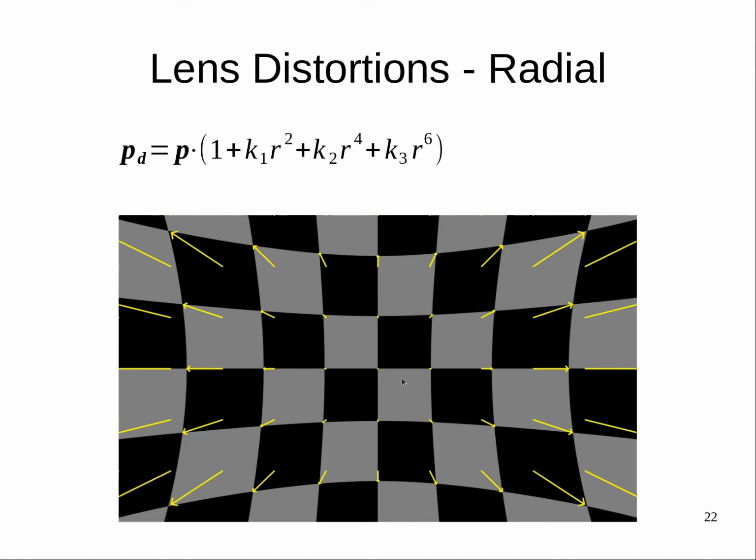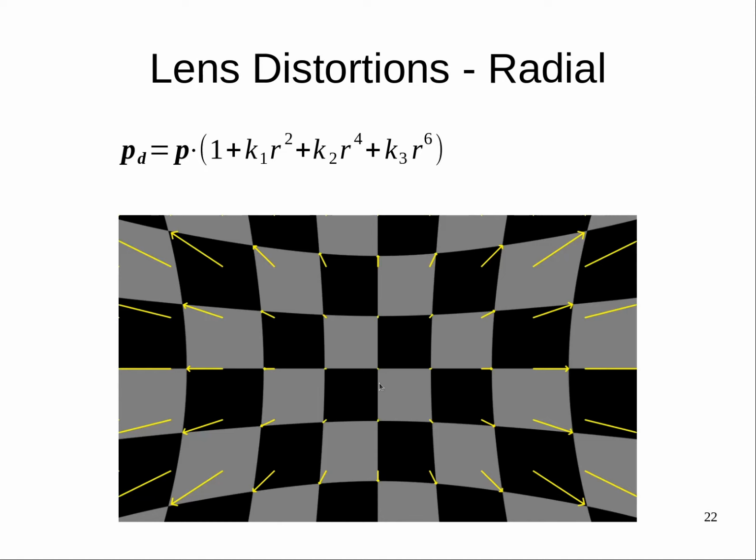And the image on the bottom was generated synthetically by setting k1 to 0.1, and k2 and k3 were kept at 0. So this is if k is positive, and if it's negative, then you get the inverse direction of the arrows, and it will resemble the fisheye distortion you've seen before.